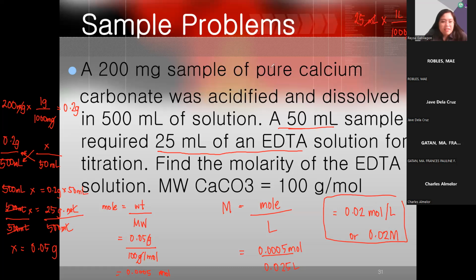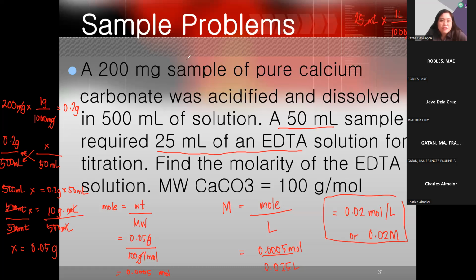Ay, asa na? Sorry. Let me check. This is 0.2 times 50, so this is 10. So 10 divided by 500.